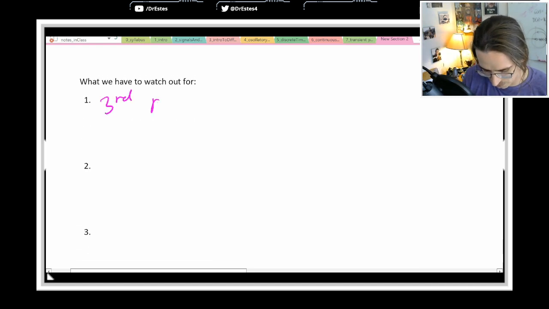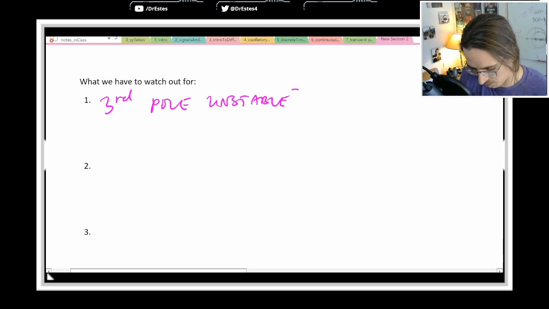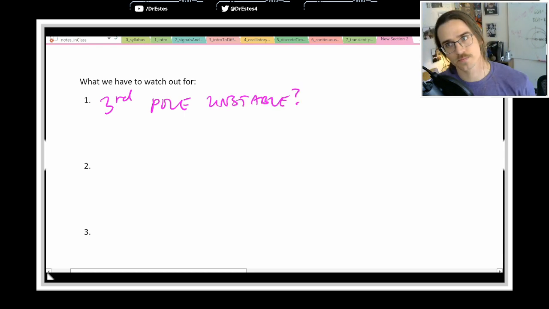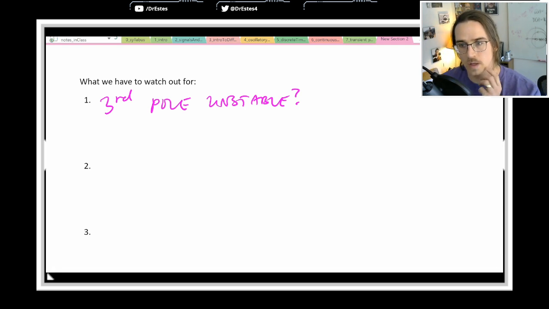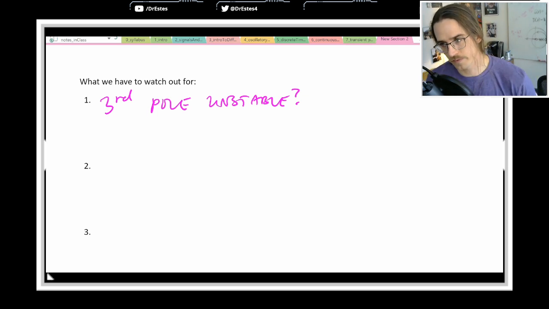The biggest thing is, is the third closed loop pole unstable? We need it to be stable. If one root is negative in the real portion, making it unstable, does the whole system... Well, if the real part is negative, that doesn't necessarily make it unstable.